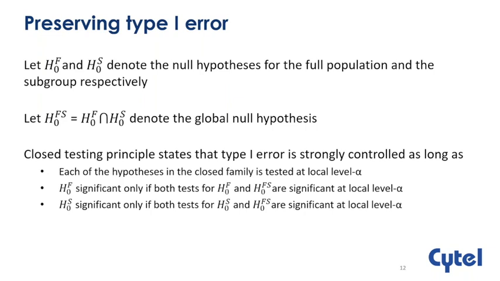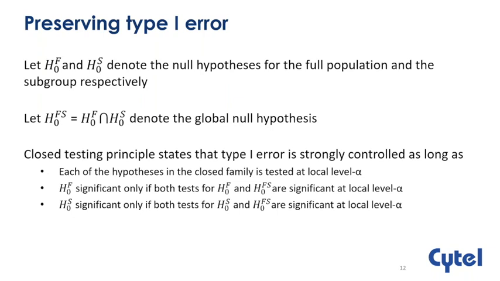Same thing with the subpopulation. It can be deemed significant if both tests for the null hypothesis that involves the subpopulation as well as the intersection are significant at the local alpha level test.